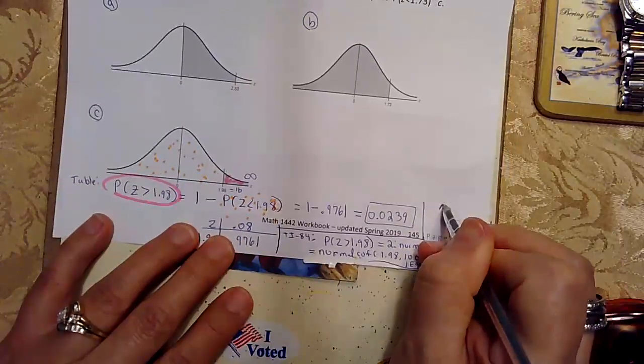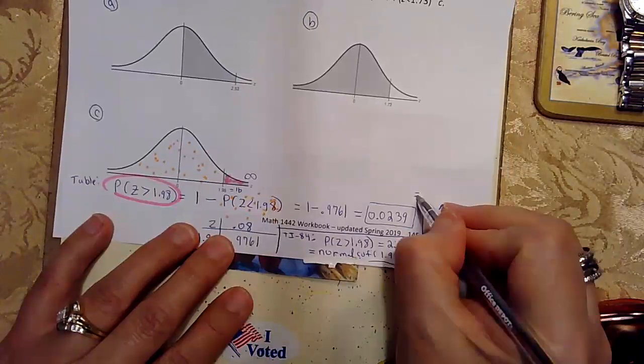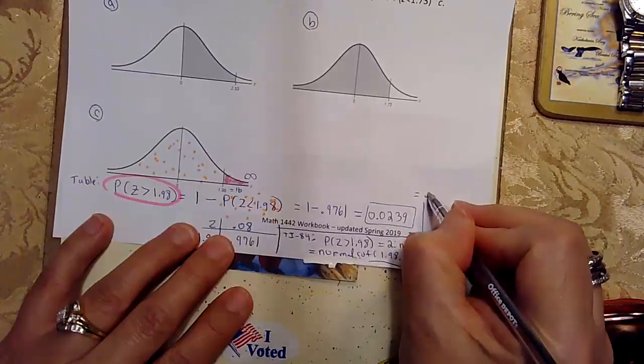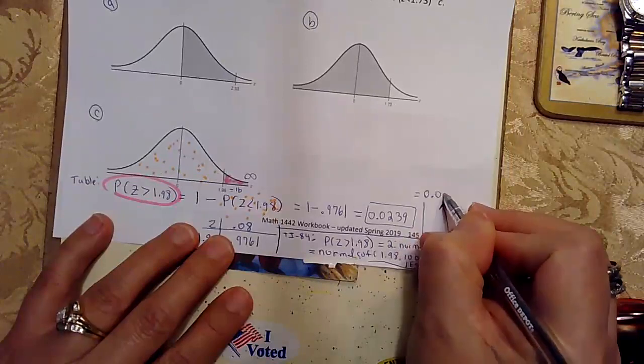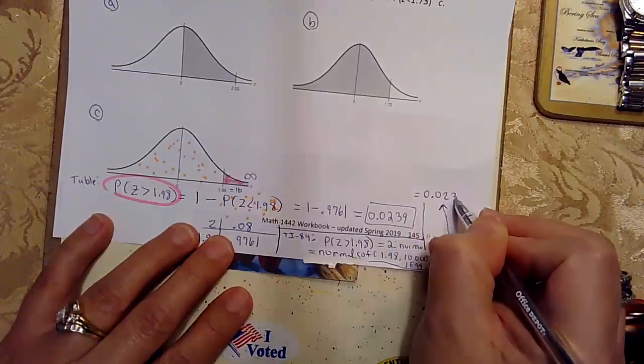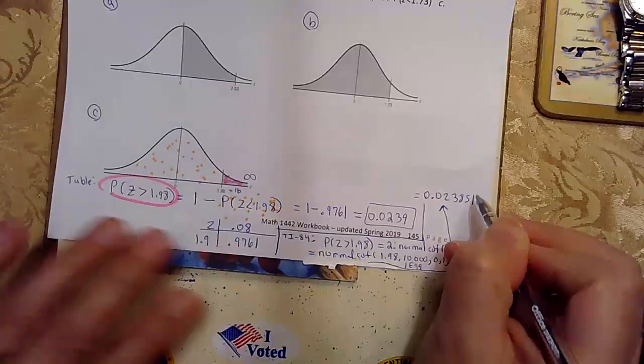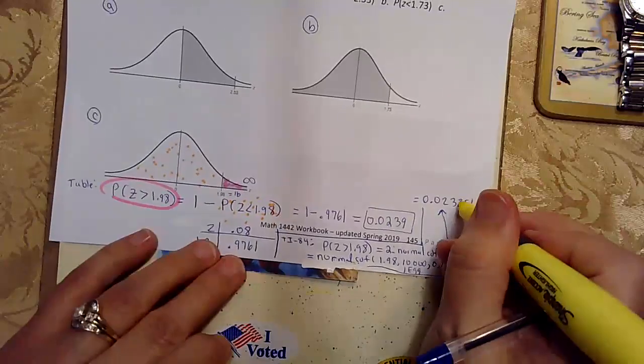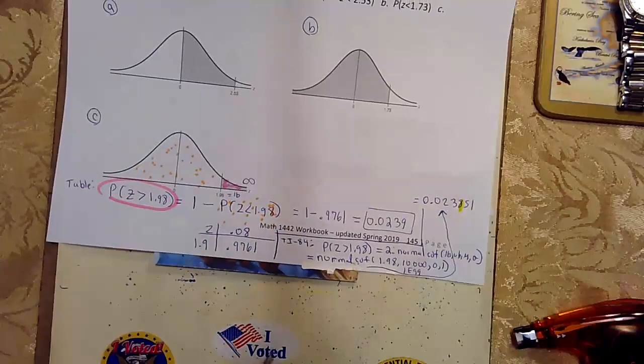So it's 0.23851. Tens, hundreds, thousands, 10,000s. Look at the right. Is that 5 or more? Yes.